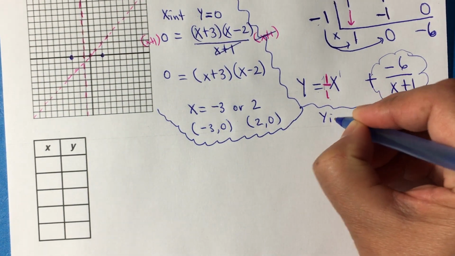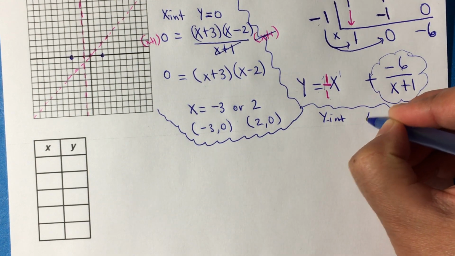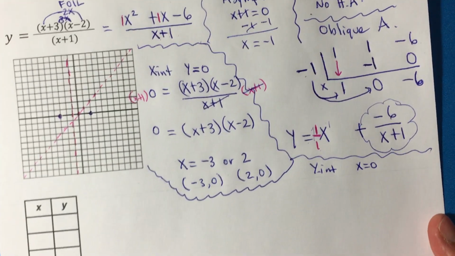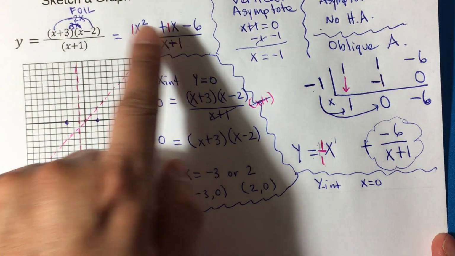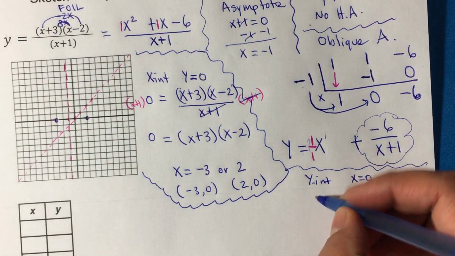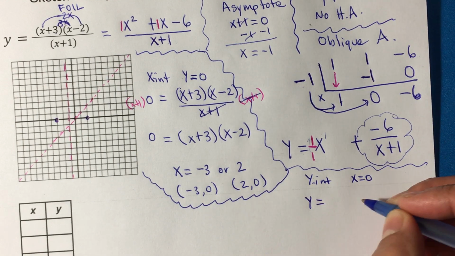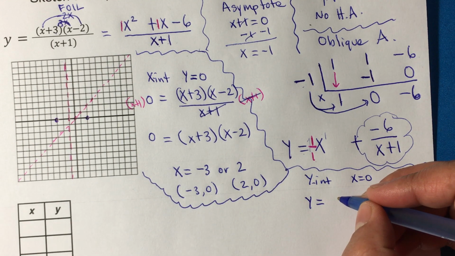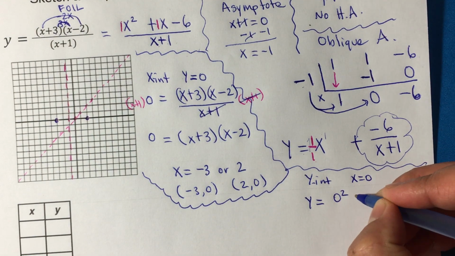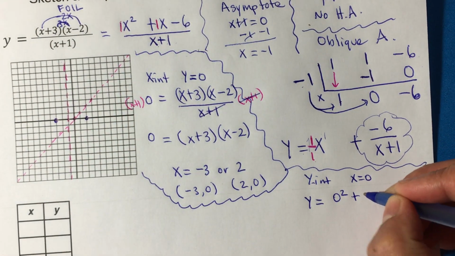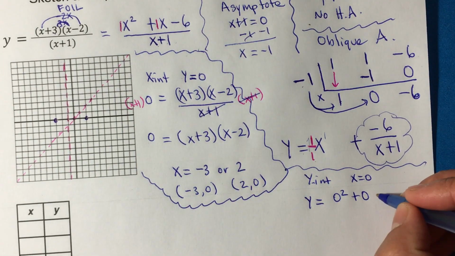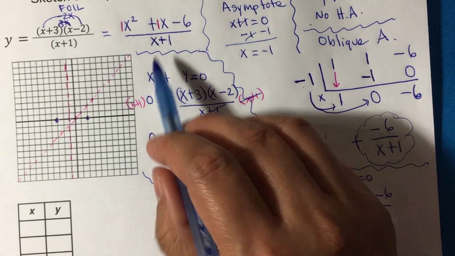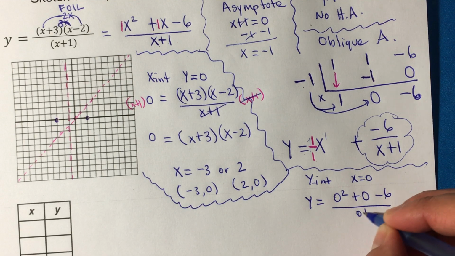Now for my y-intercept, x will be 0. And for this one, you can choose the same, whichever. I'll choose this one, but if you want to, you can also replace that and it will give you the same answer. So y is equal to 0 squared plus 0, I'm just replacing x with 0, minus 6 divided by 0 plus 1.